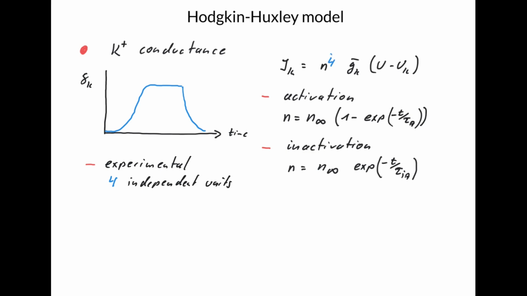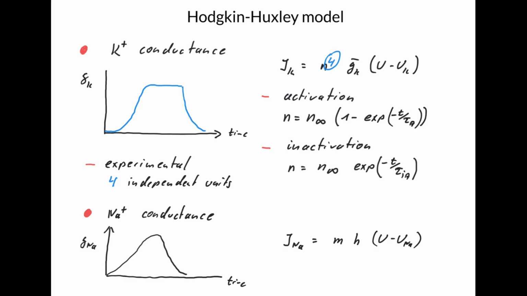What you need is to raise this to a power of 4. So there are independent units. The idea behind this model is that there are 4 units that can either switch on or off independently, and only if all 4 units switch at the same time is the channel completely open.